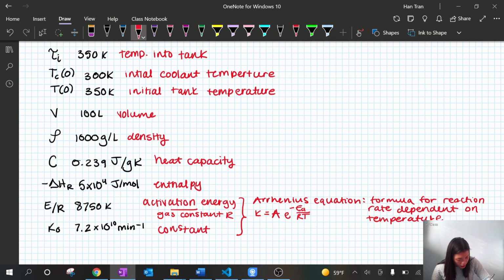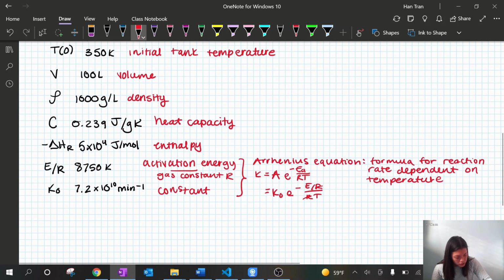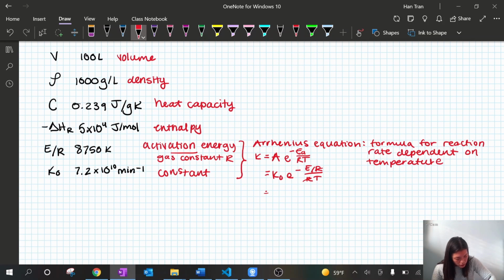So here we have K naught as the constant and e to the negative activation energy over R divided by gas constant R times temperature. So the gas constants cancel out, and that leaves us with K naught e to the exponent of negative 8,750 over temperature.